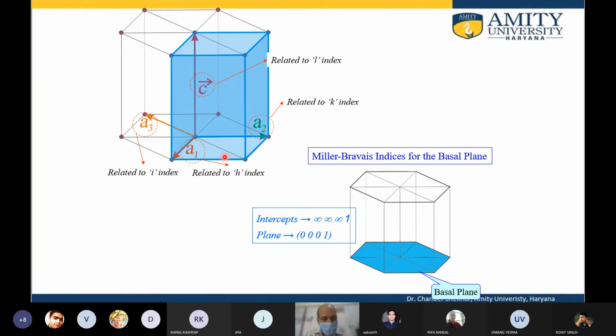So these 3 are sufficient to define the primitive unit cell. But in order to accommodate the hexagonal unit cell, a 3rd index in the basal plane is required.